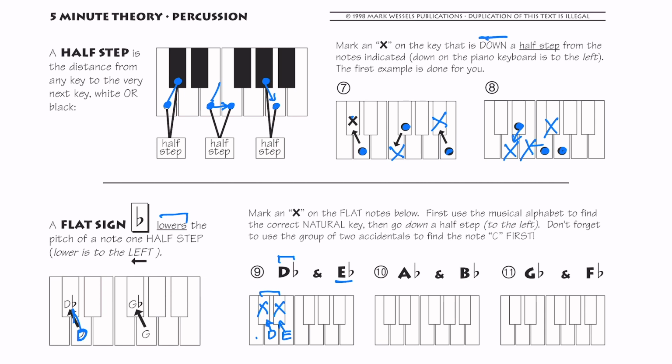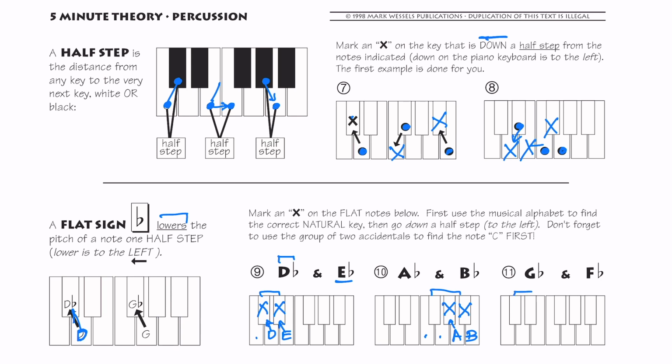All right. So number 10, we're going down a half step, which means to the left. Okay, here's 3 accidentals. So here's my home key, F, G, A, and then A flat is right there. B is here, so B flat is there.